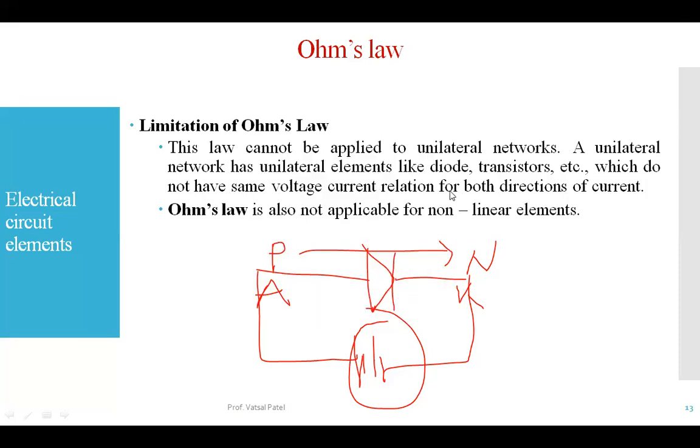It is not flowing, right? Exactly. So this is what we call a unilateral network, in which the current flows in one direction only, as per the condition. Are you getting it now? What is the difference over here?